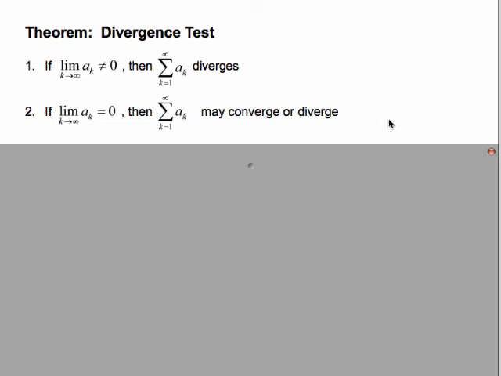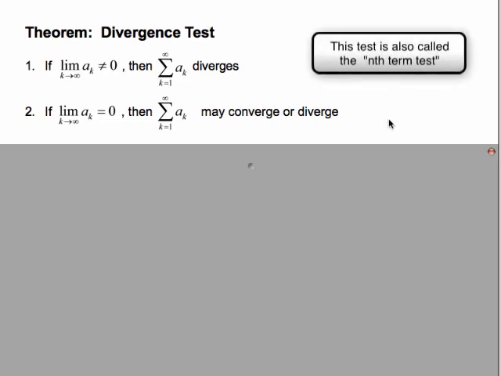So here's one basic test that we use, called the divergence test. If the limit of the terms themselves doesn't approach zero, then there's no way that our infinite series can converge. In fact, it diverges. If the terms do approach zero, then the series may converge or diverge.